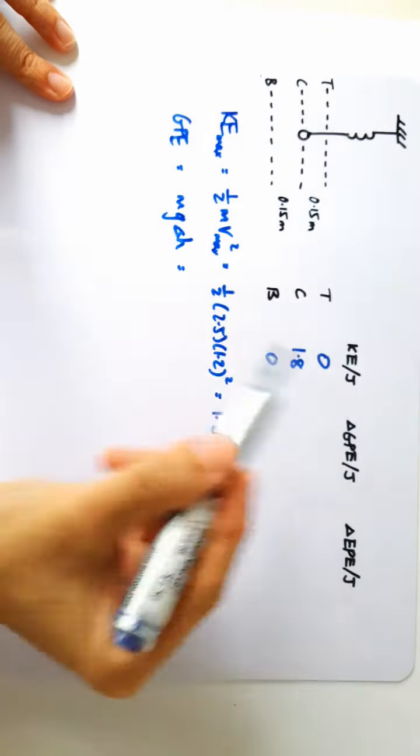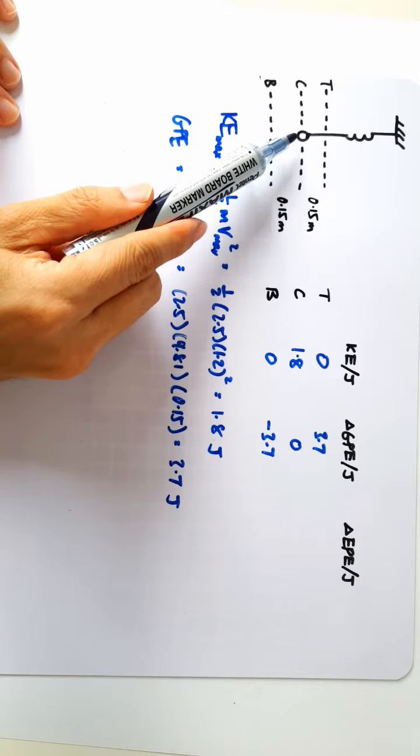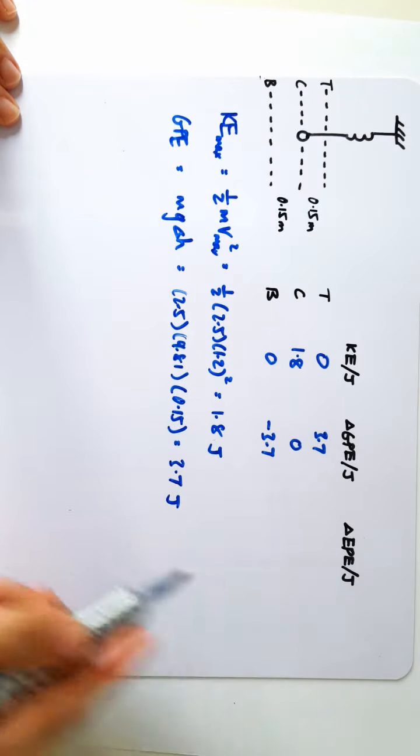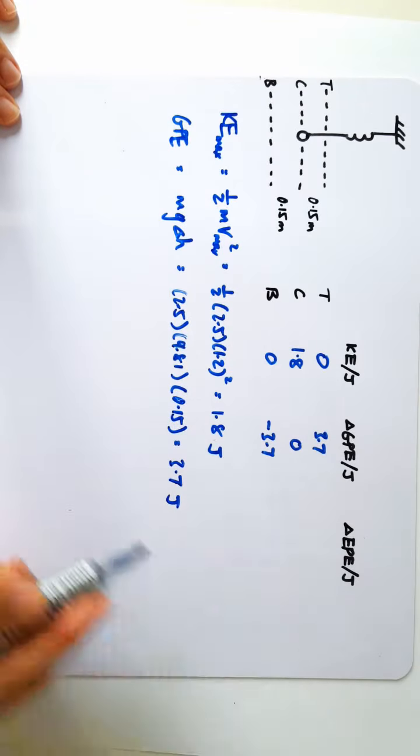Now the most interesting part of this question is of course the elastic potential energy. It's quite possible for you to solve for the spring constant of the spring mass system, and from there you can actually calculate exactly what's the changes in the EPE. But I don't think that's the intention of the setter.